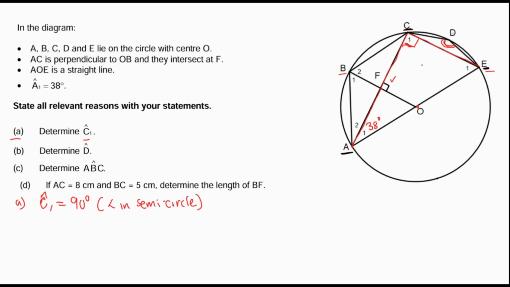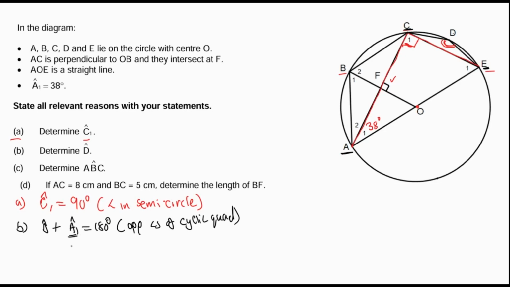So it means angle D and angle A1 are supplementary, meaning that they add up to 180 degrees. So for B, you say angle D plus angle A1 is equal to 180 degrees. And the reason here you can say opposite angles of cyclic quad.